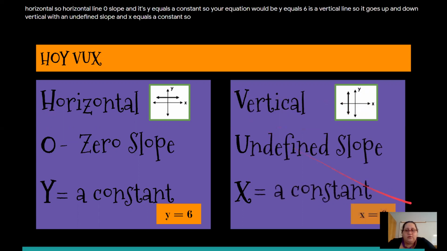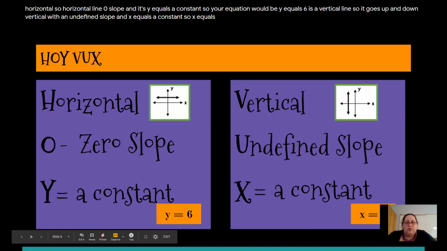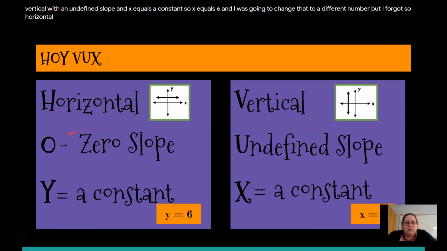So x equals 6. I was going to change that to a different number, but I forgot. So horizontal, zero slope, y equals. Vertical, undefined slope, x equals. If you can remember HOY VUX, and just kind of like remember, don't call me after midnight.